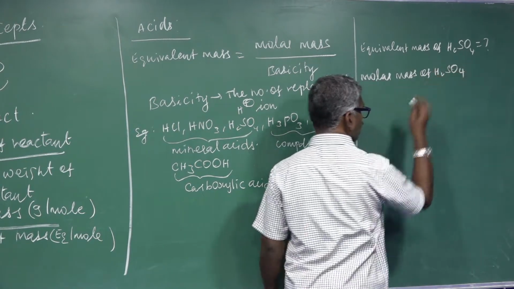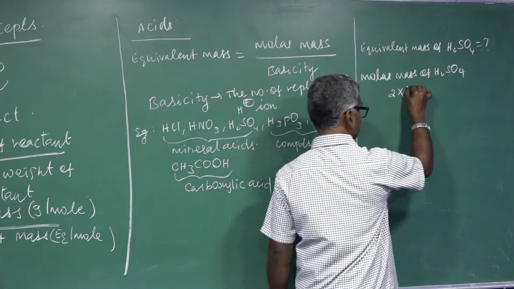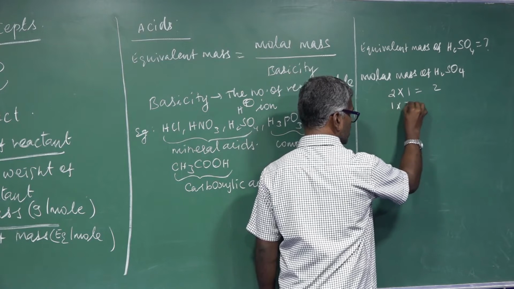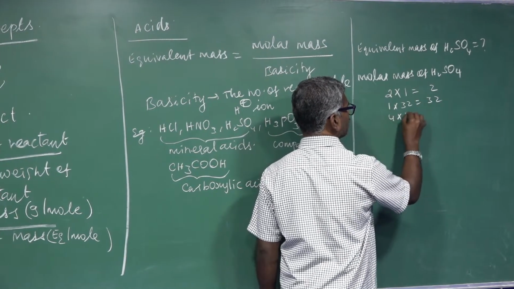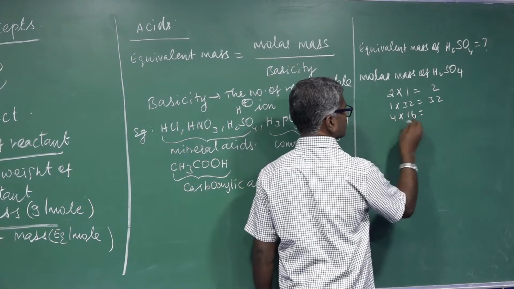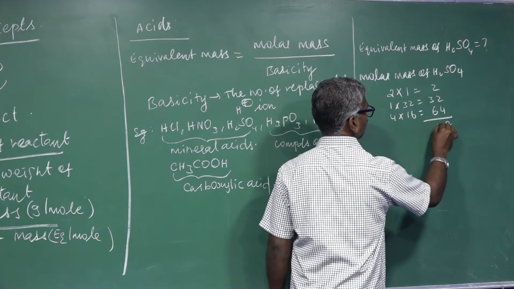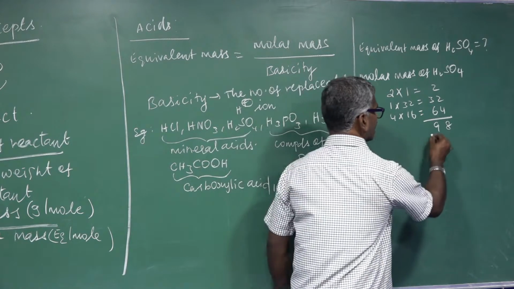H2SO4 has 2 hydrogens, hydrogen molar mass 1, so 2. Sulfur 1, molar mass 32. Oxygen 4, 4 into 16, that is 64. So the molar mass of sulfuric acid is 98.